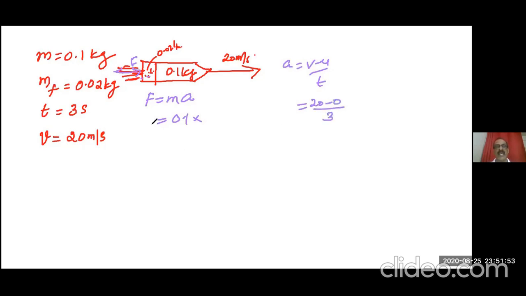So F is equal to 0.1 into 20 by 3. The answer will come 2 by 3, that's equal to 0.66 Newton, the thrust acting on this rocket. That's the first answer.